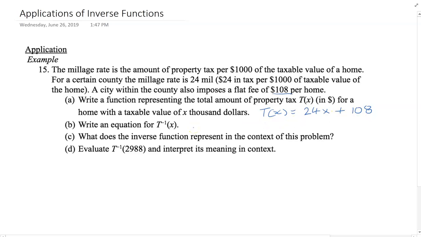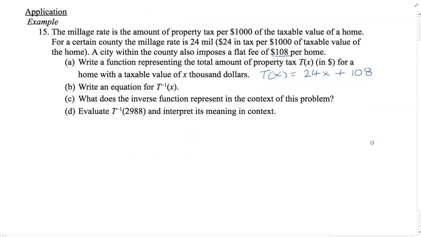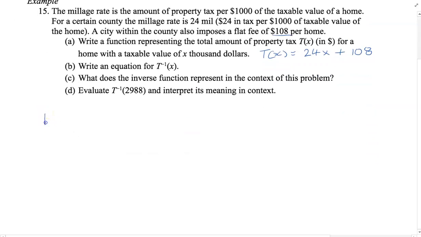Then we want to write an equation for T inverse of x. So let's do a little bit of work here. T of x is equal to 24x plus 108. Then we want to rewrite this: instead of T of x, we write y is equal to 24x plus 108.